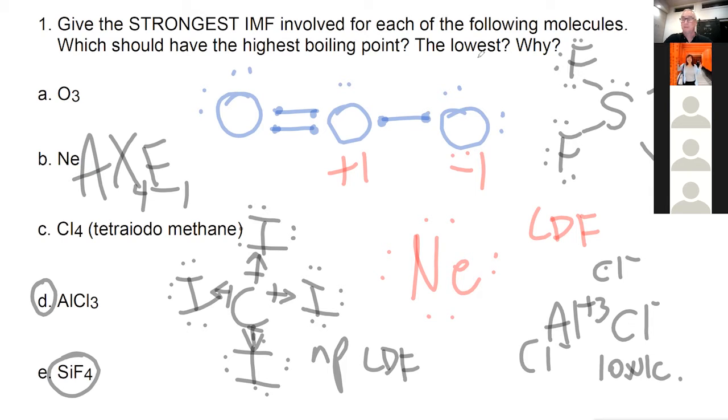If that was silicon, it would look exactly the same as the tetraiodomethane, because silicon has the same number of valence electrons as carbon, and so the molecule would have the same shape. This, on the other hand, has a slightly different shape because it is not completely symmetrical. So it has a seesaw shape.